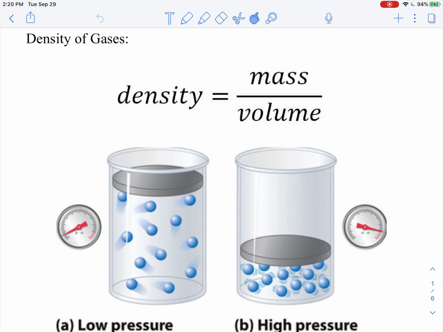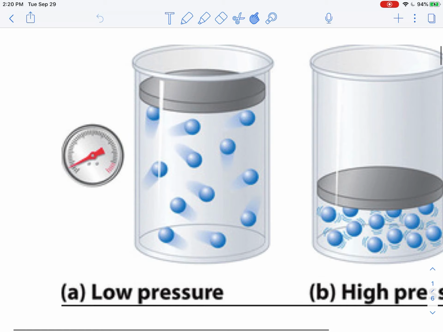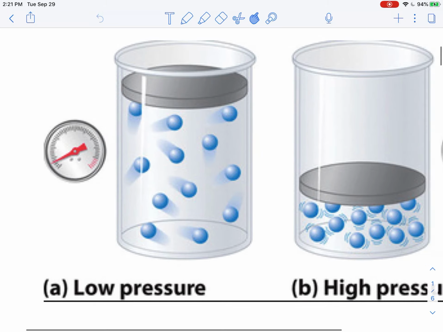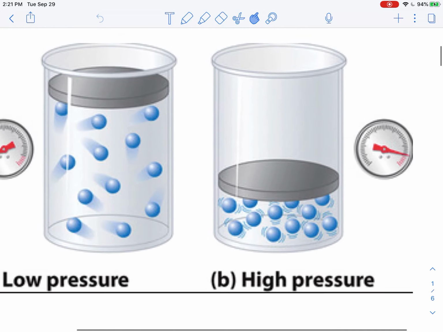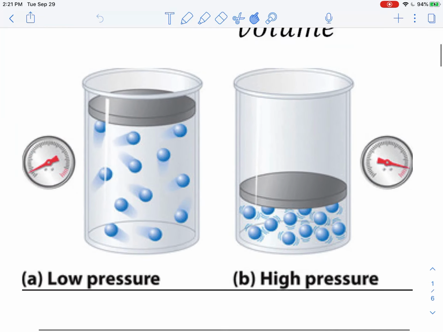But with gases in the ideal gas law, PV equals nRT, there's a whole bunch of factors that can go into changing the density of the gases. So for instance, pressure. If we take our pressure and crank it up to high pressure, then we can lower the volume, and that is going to affect the density, or how packed those particles are.